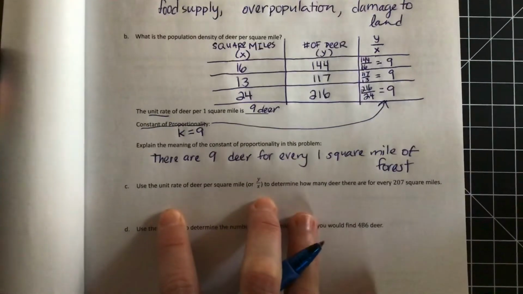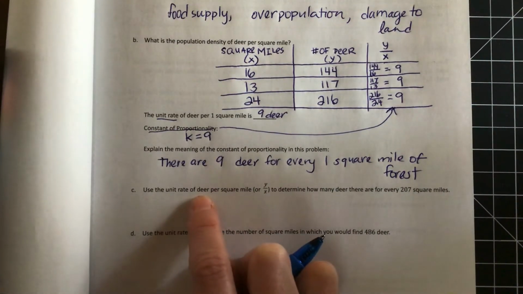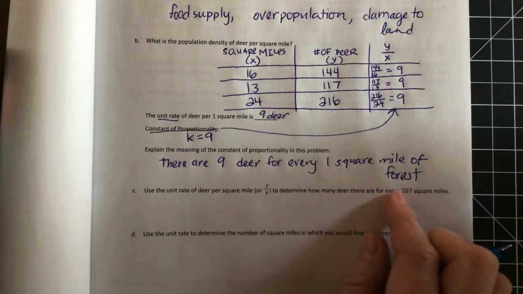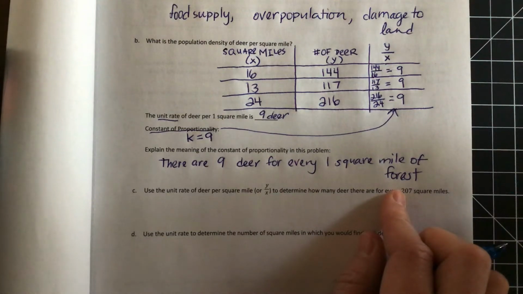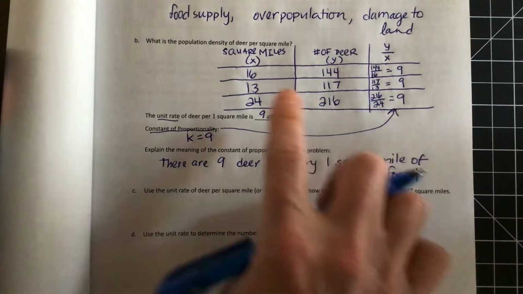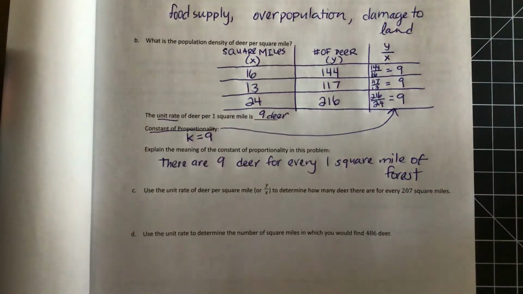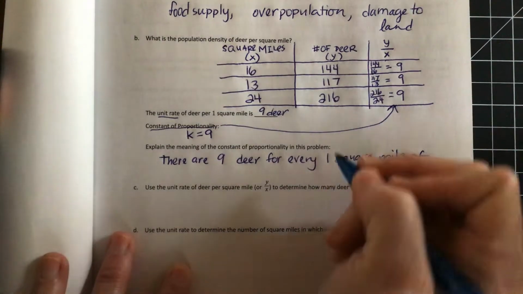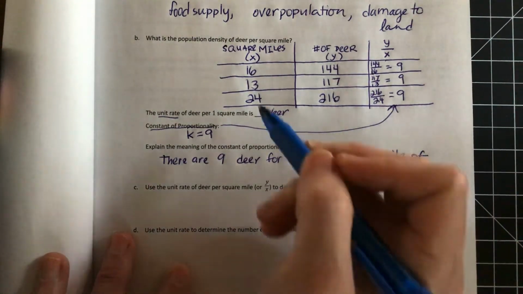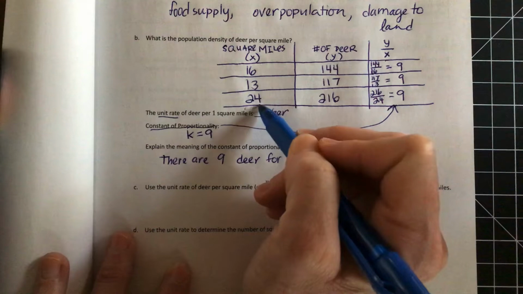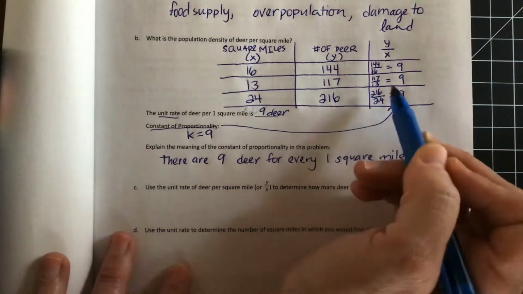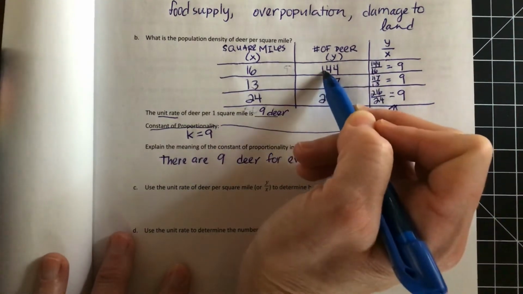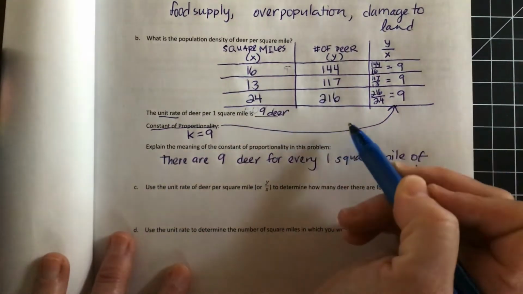Okay, so the next problem: use the unit rate of deer per square mile, or y divided by x, to determine how many deer there are for every 207 square miles. Now we are kind of adding to the table. If you put your square miles there, it's 207, and then how do you get the number of deer? Well, you multiply by 9, because 16 times 9 was 144, 13 times 9, and so on.